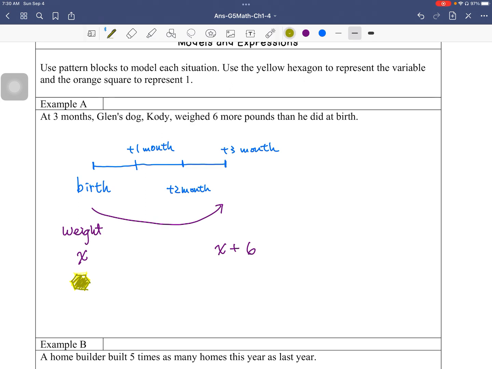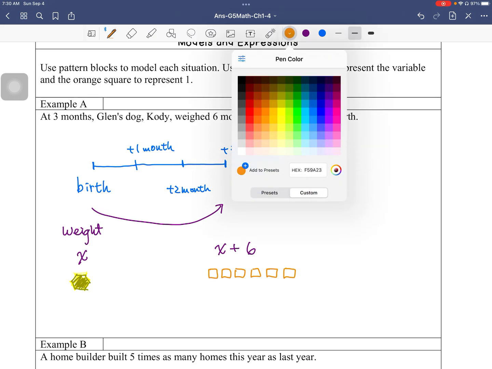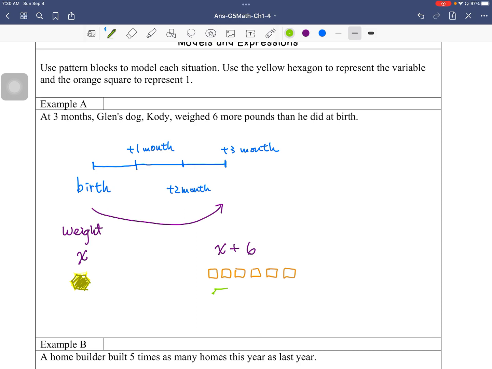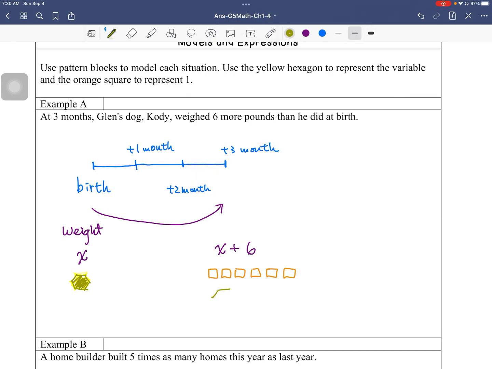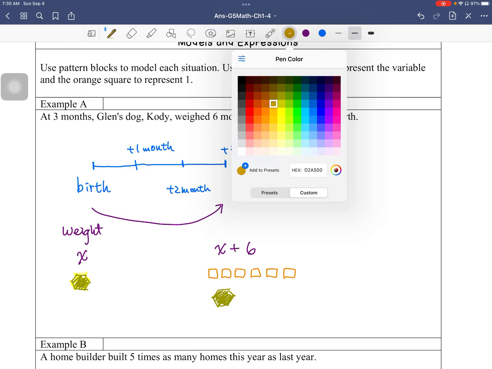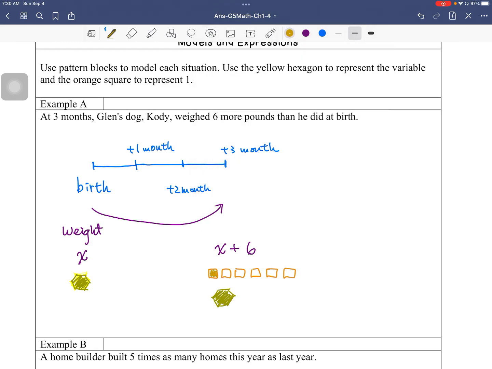And then 6 blocks. 1, 2, 3, 4, 5, 6. So on top of the, now I accidentally selected green. So on top of the yellow hexagon, now I also have 6 orange blocks.